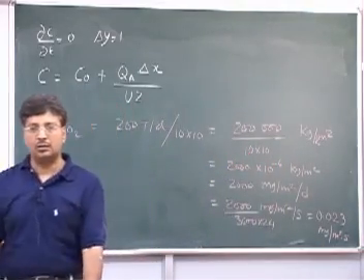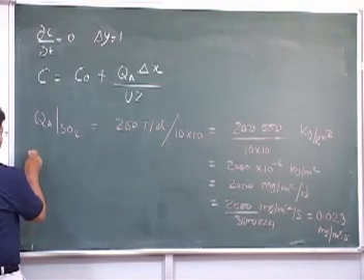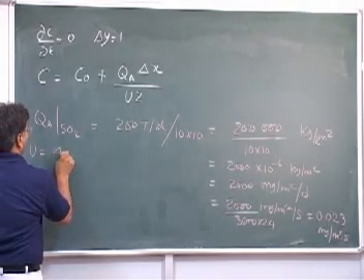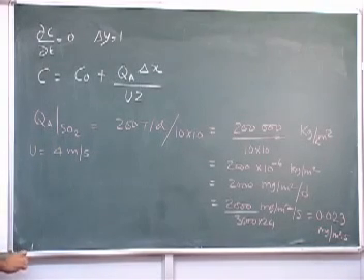Suppose this is the number, and wind speed was, let's say, 4 meters per second, that's the average wind speed.